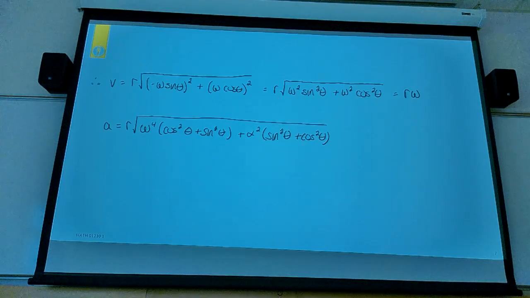After some algebra, you're going to get to this: omega to the fourth times cosine squared plus sine squared plus alpha squared times sine squared plus cosine squared. Just r times the square root of omega to the fourth plus alpha squared.